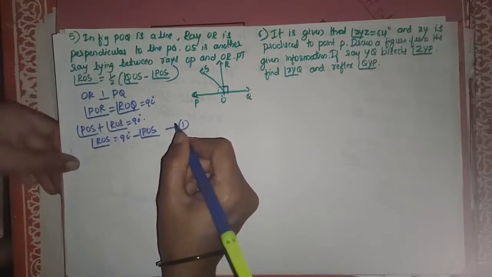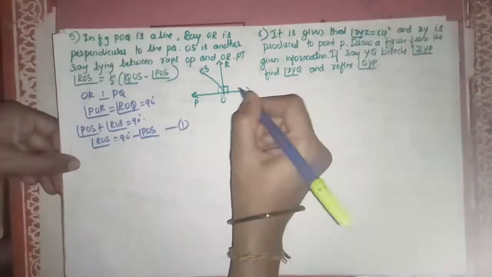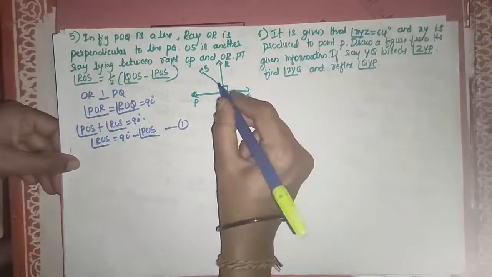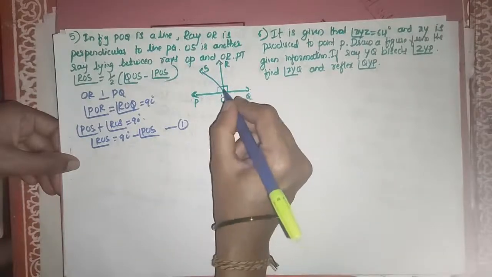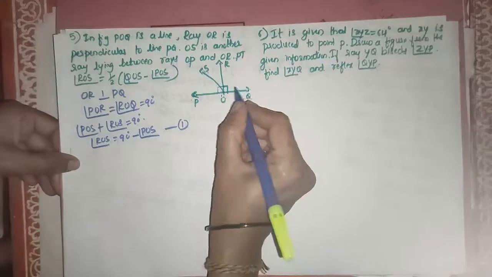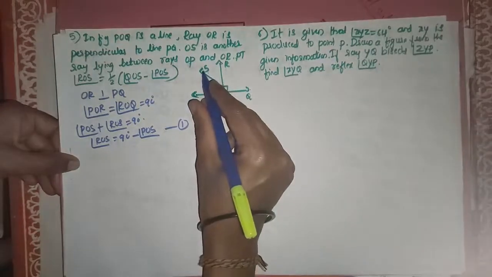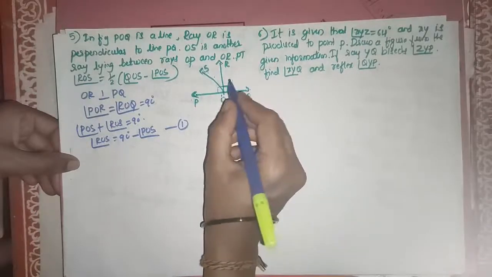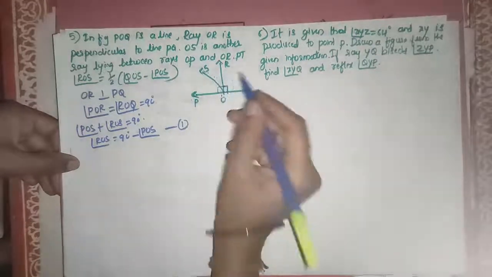So here we know that QOR is also 90 degree. QOS can be written as 90 plus ROS.